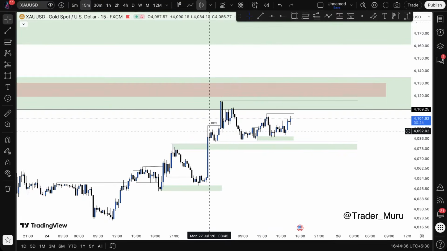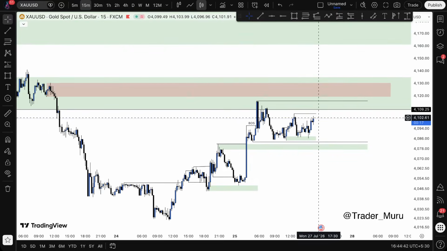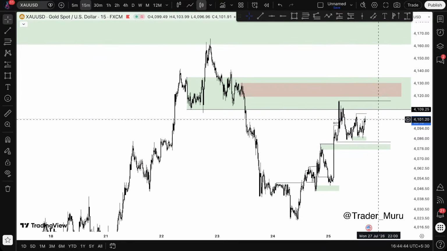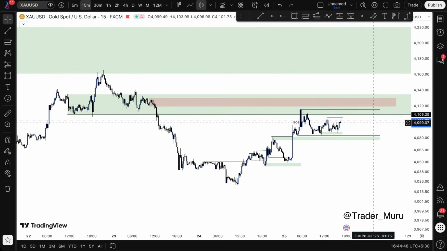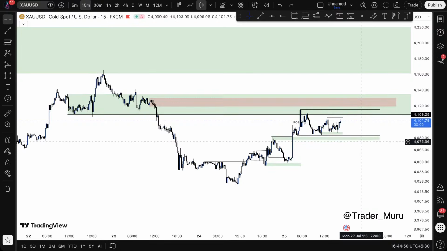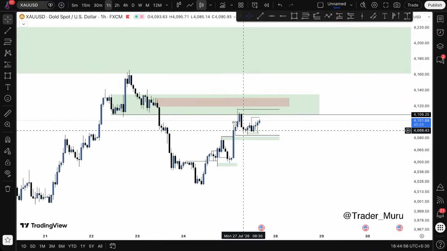Can we expect a gap closing today? What gap closing? If price starts dropping here, then we have a 1 hour structural area.